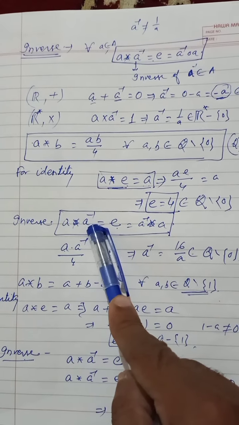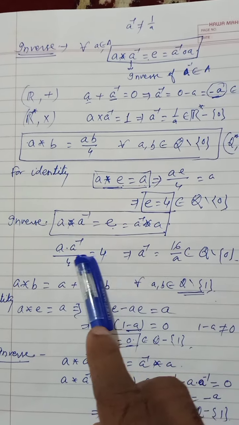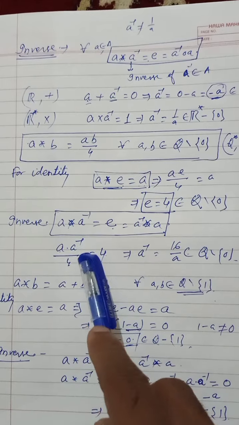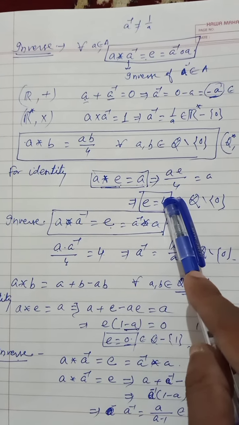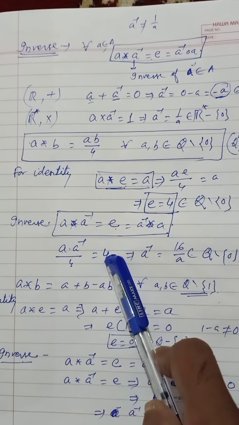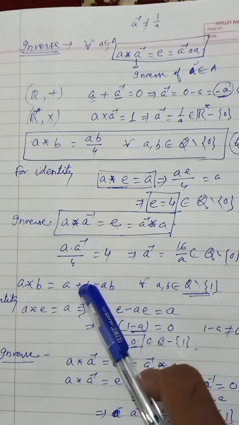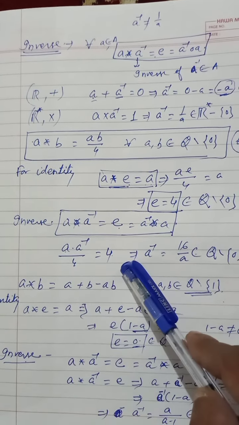So we operate this. A operated on A inverse, that means A into A inverse divided by 4 is equal to identity, and we have found identity 4. So divided by 4 equal to 4. 4 divide here, so right side it multiplies. So A into A inverse is equal to 4 into 4, 16. A is here multiplied, so right side divides.